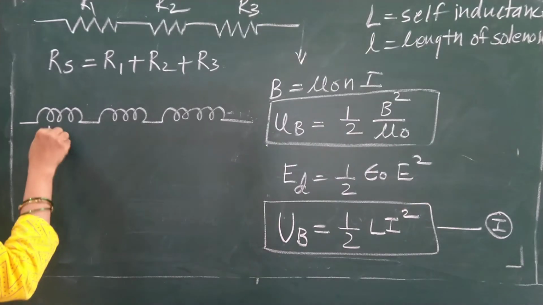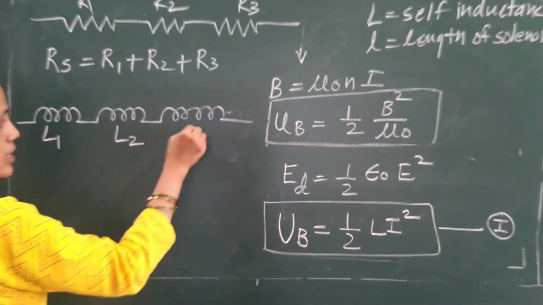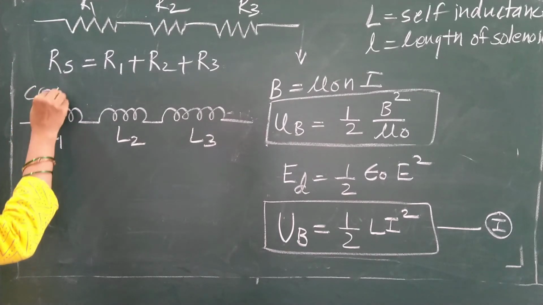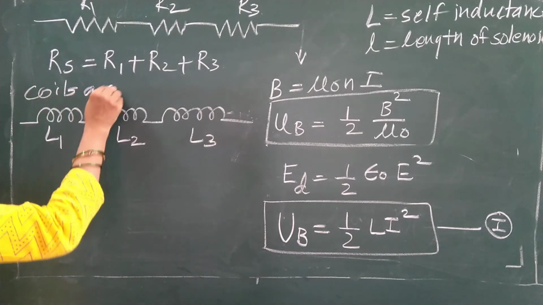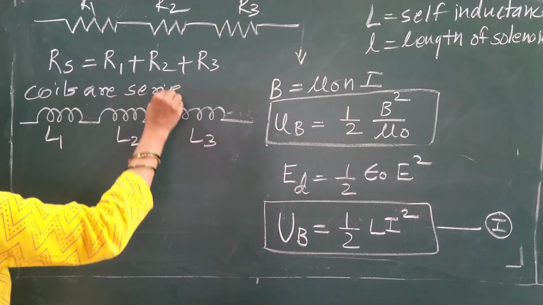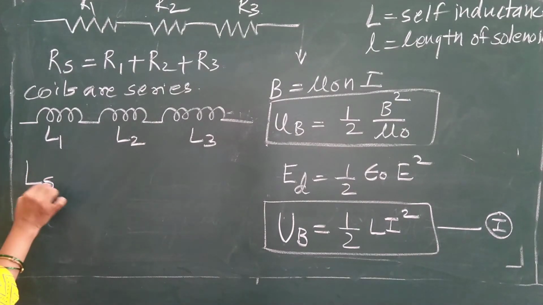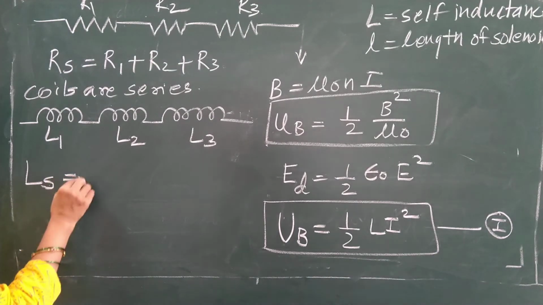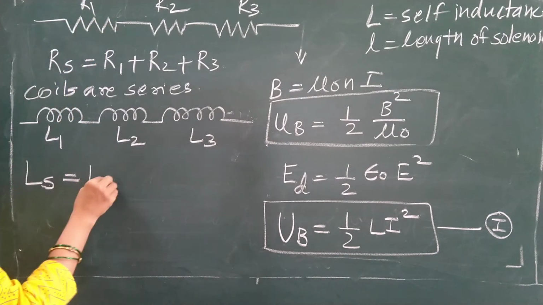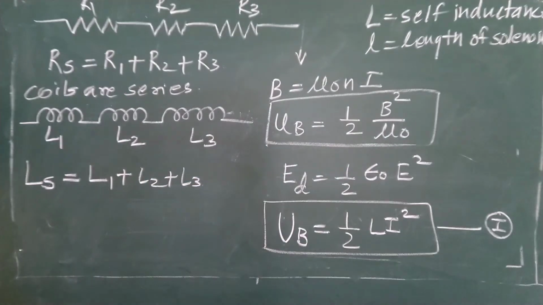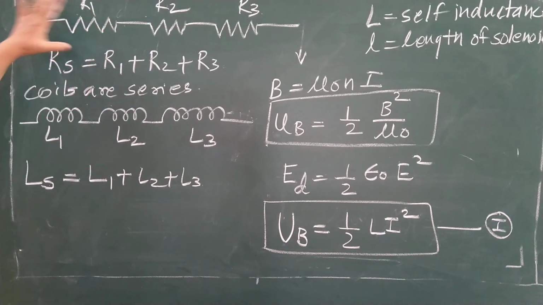The first coil has a self-inductance L1, second is L2, third is L3. They are connected, here coils are in series. So I can write the total inductance in series combination, equivalent to resistors, as L1 plus L2 plus L3. Clear? So this is the equivalence between resistances in series and coils in series.